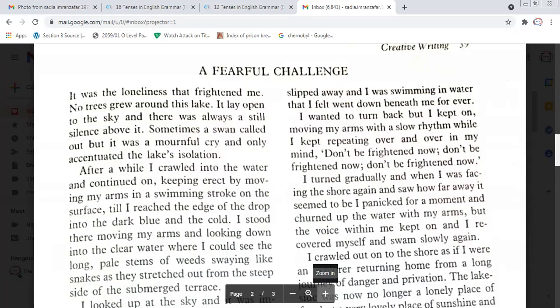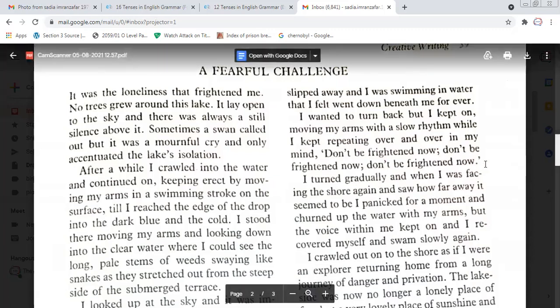Sometimes a swan called out, but it was a mournful cry and only accentuated the lake's isolation.